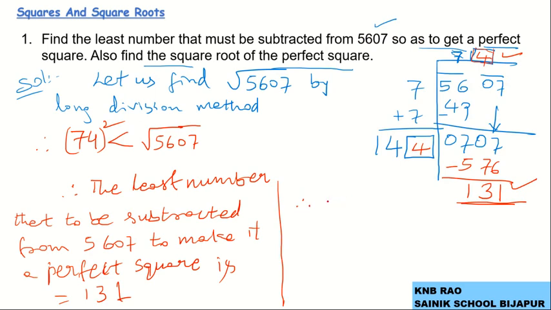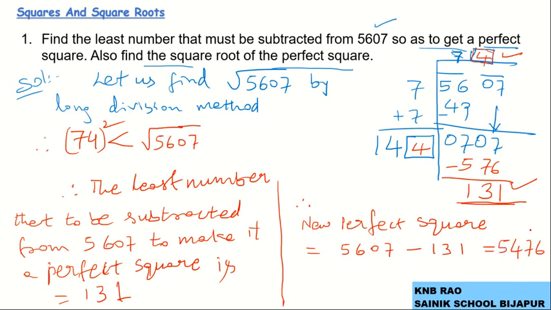Therefore, the new perfect square is equal to 5607 minus 131. 5607 minus 131 is 5476.